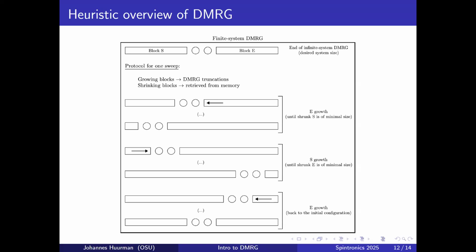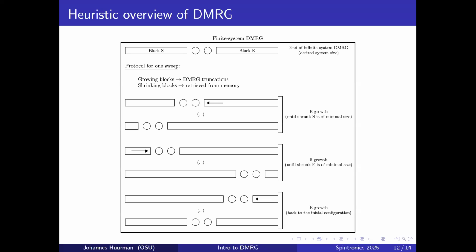These blocks have some Hamiltonian. We can say this is the S Hamiltonian and the E Hamiltonian. And then there's some kind of Hamiltonian going on in between these two. The point is that DMRG will absorb sites into the block with DMRG truncations. I won't say what that is immediately, but I will actually, I lied.